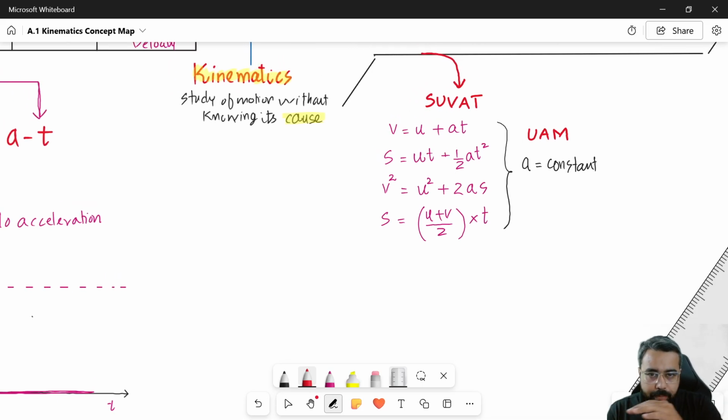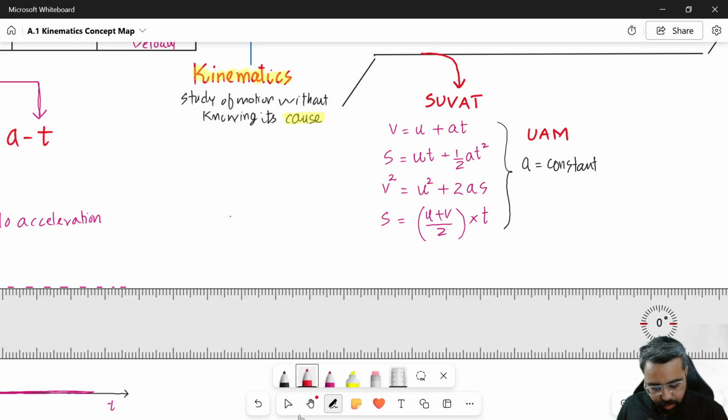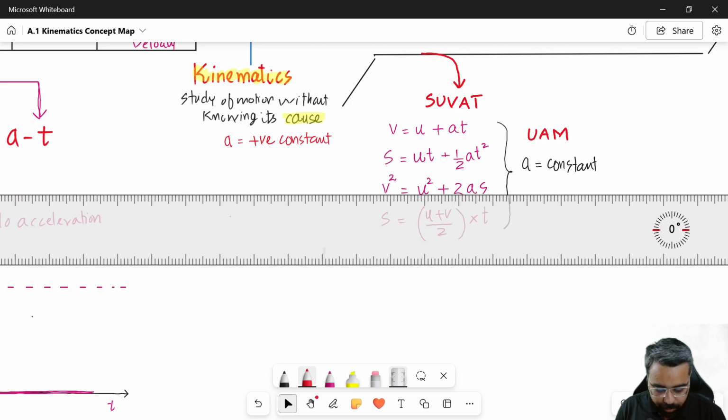For example, if an object is moving with a constant acceleration, and its acceleration is positive, what will be the path of this object? Students, if acceleration is a constant positive value in one dimension, it's not moving in a curved path, the object is moving in one direction.